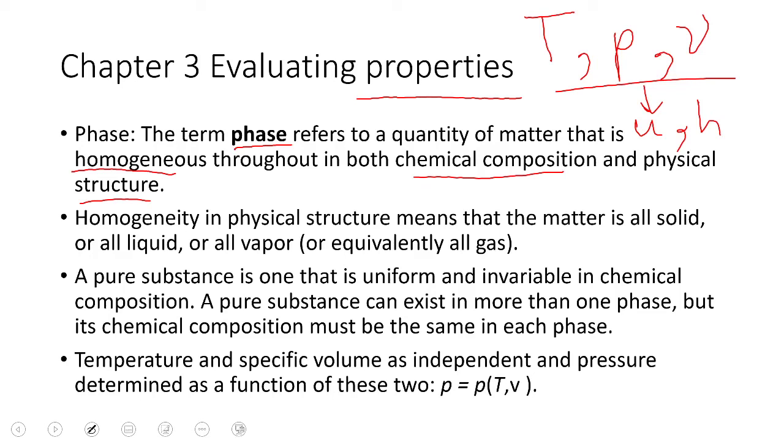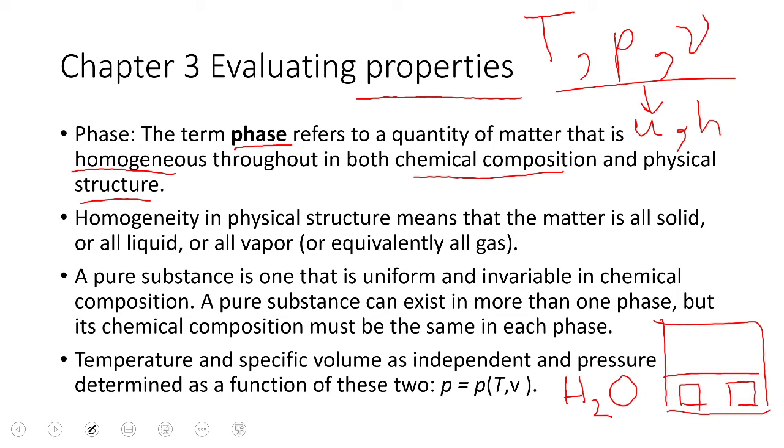So for example, if we have a container having ice, these are ice cubes, and they are surrounded by water. The water and the ice cubes both have the same chemical composition, both of them are H2O.